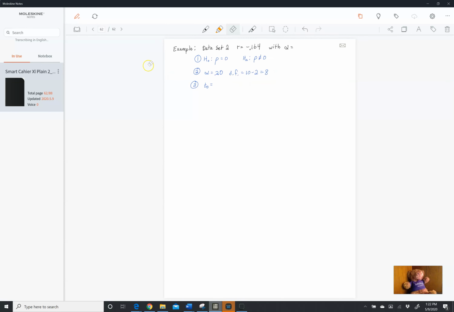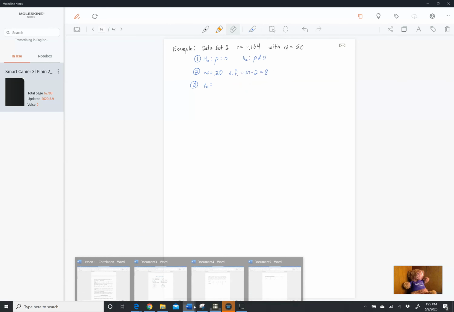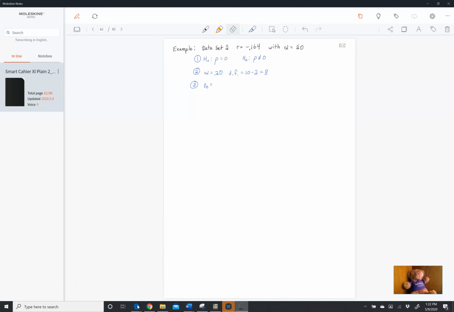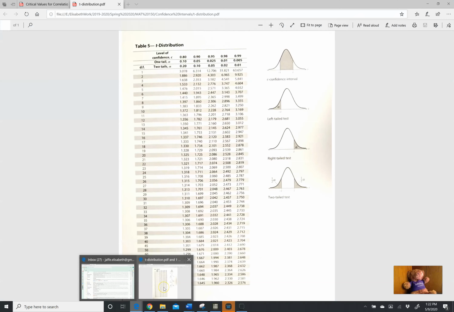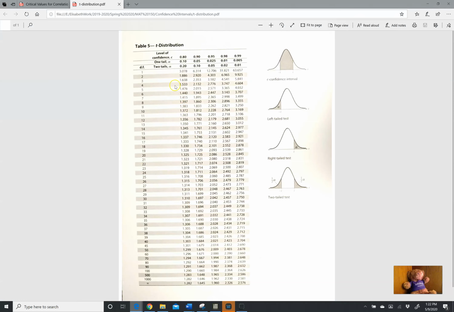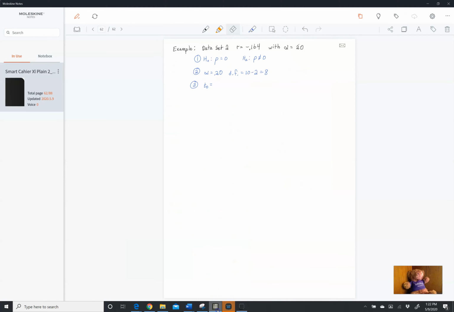So let's make this 0.20, and let's go back into our t chart and look up 0.20 for a two-tailed test. We're going to 8. It's 1.397, much smaller. So let's see what happens.